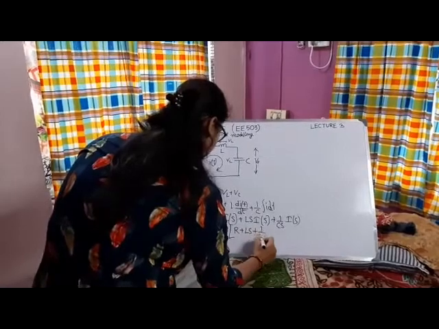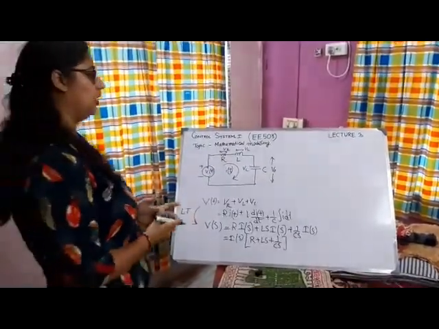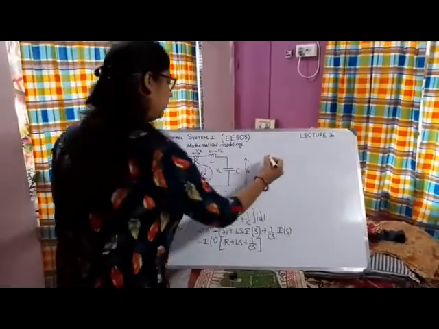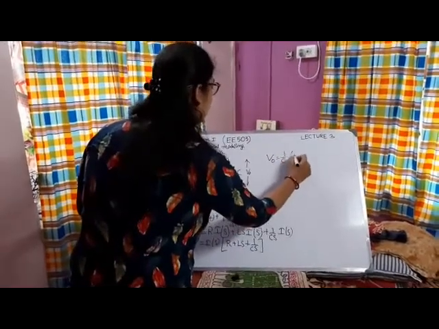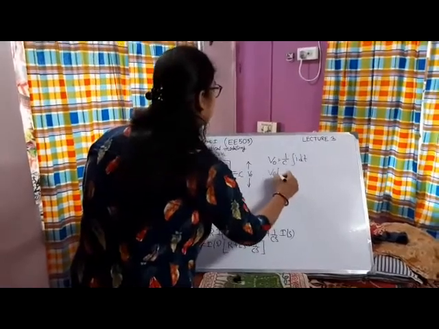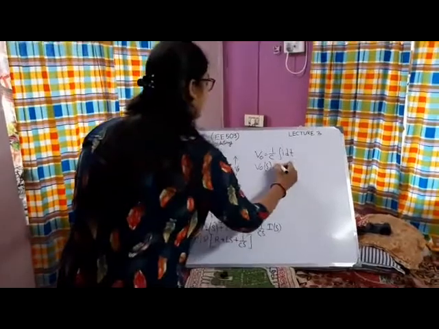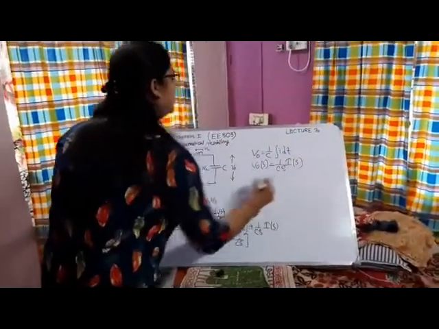So this is the input equation. Now the output has been taken across the capacitor. So the output voltage is equal to 1/C times the integral of i dt, or V0(s), converting again into the Laplace domain, equal to 1 by Cs into I(s).